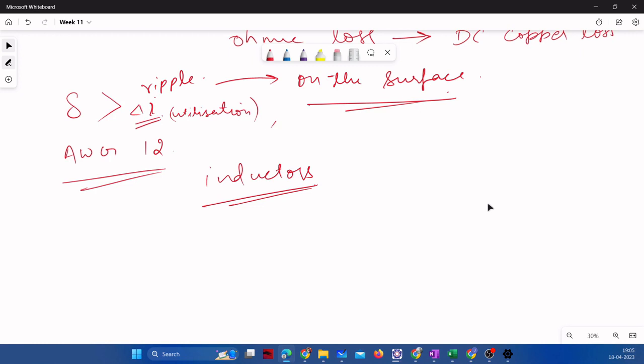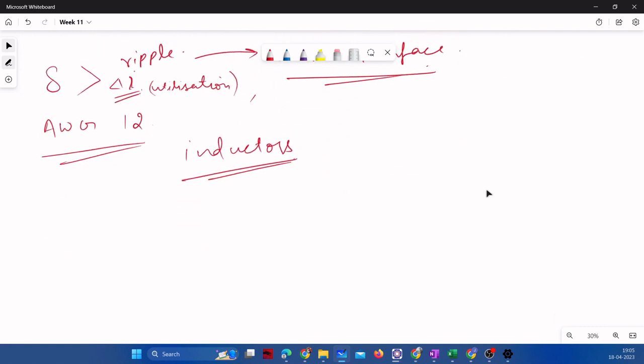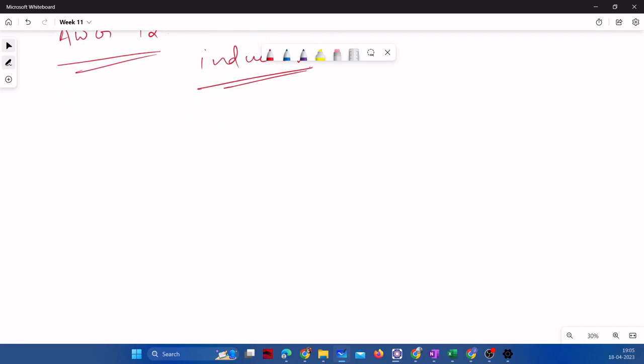Okay then. So we concluded that there are two most important parameters in the design of magnetics, right? One is flux density, the other is current density. Flux density determines the core losses in the material or device, and current density determines the copper losses, or conduction losses.